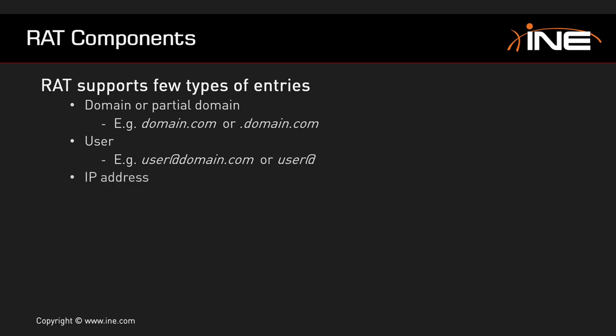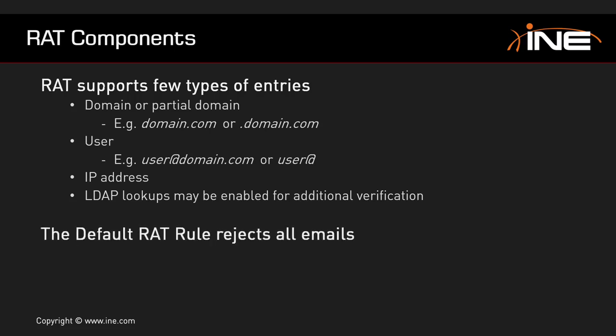You can also specify the IP address of the recipient host and use Active Directory for additional verification to check individual accounts within your domain. The other component of the table is the action that tells ESA what to do with a message sent to this particular domain, user or IP address.